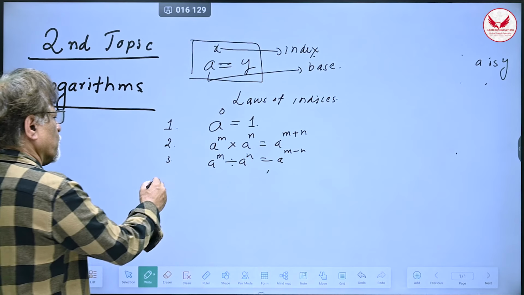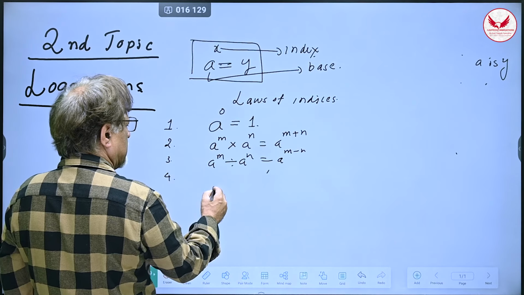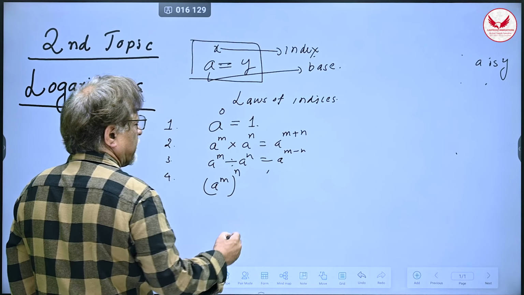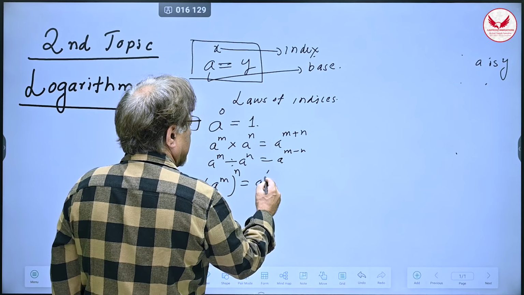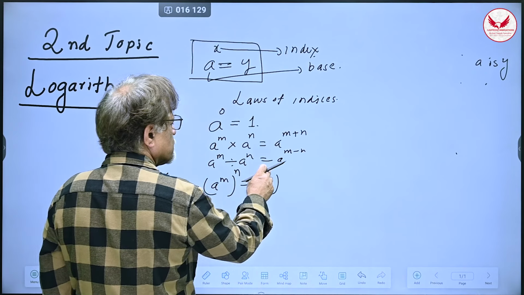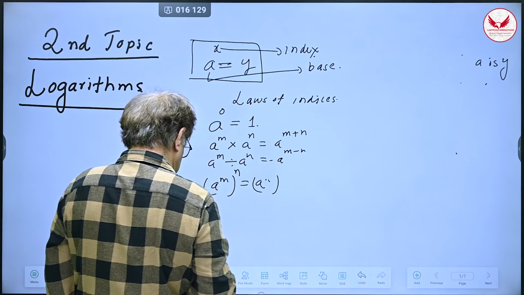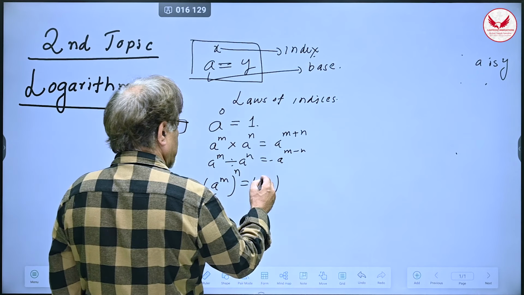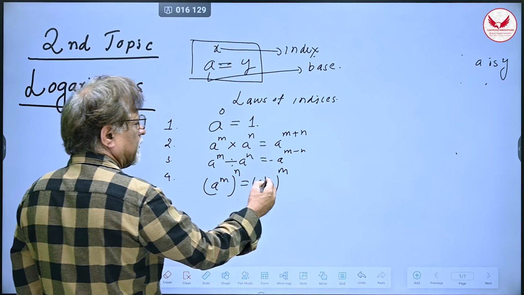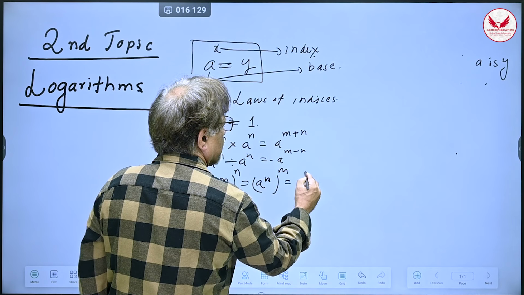Correct? The fourth law is that if you take a raised to m and that is raised to n, that is the same as a raised to n raised to m. That means they are interchangeable.